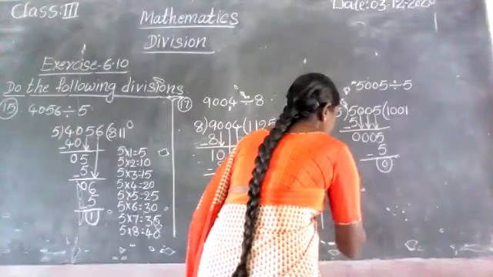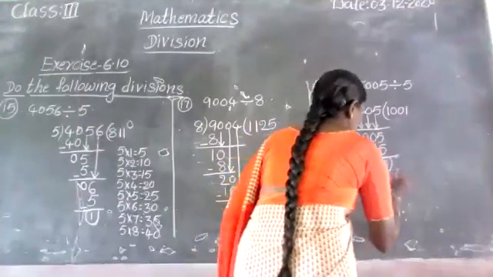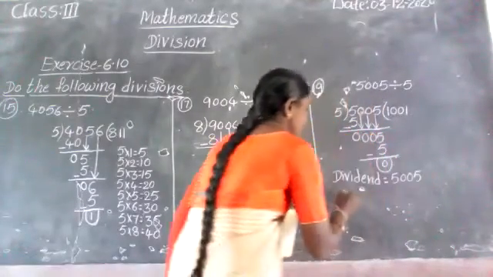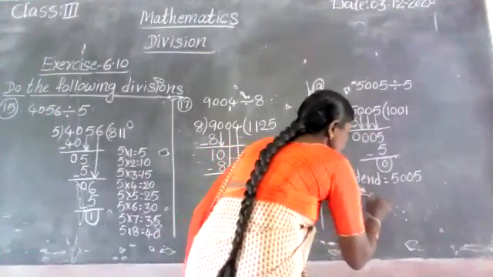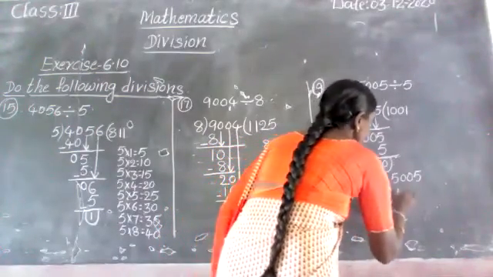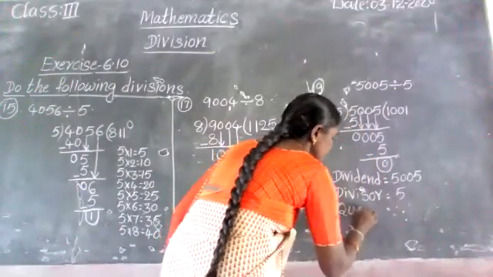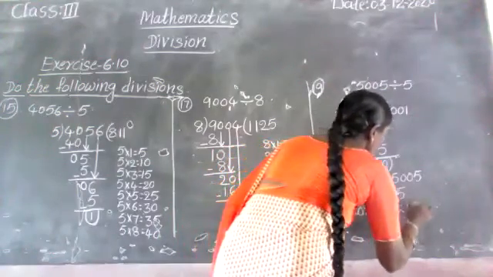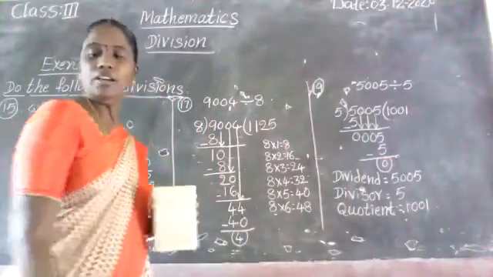First, what is the dividend? Dividend is 5005. Next, what is the divisor? Divisor is 5. Next, what is the quotient? Quotient is 1001. In every division, the quotient is the answer.